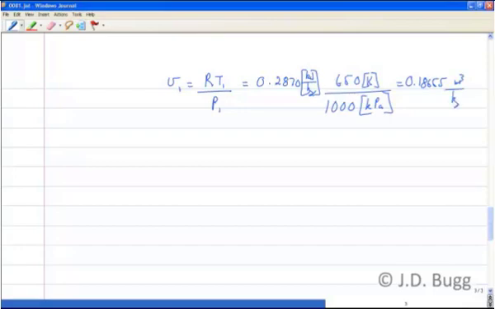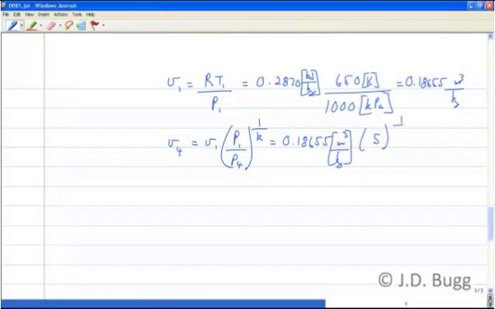So we've got V1. So if we think about PV to the K as a constant from 1 to 4, we know everything except V4. So we can solve for V4. It will be V1 times P1 over P4 to the 1 over K. And again, we know everything on the right-hand side. V1 we just got, and our pressure ratio is 5, and K is 1.37.